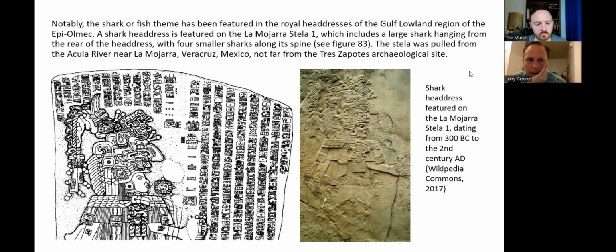And we see they have the kings there. Nobody's translated this. This is Epi-Olmec, this language. Somebody's tried, but we don't have a lot of examples of it. So this isn't Mayan, this is Epi-Olmec. And they have these fish on their headdresses, right?